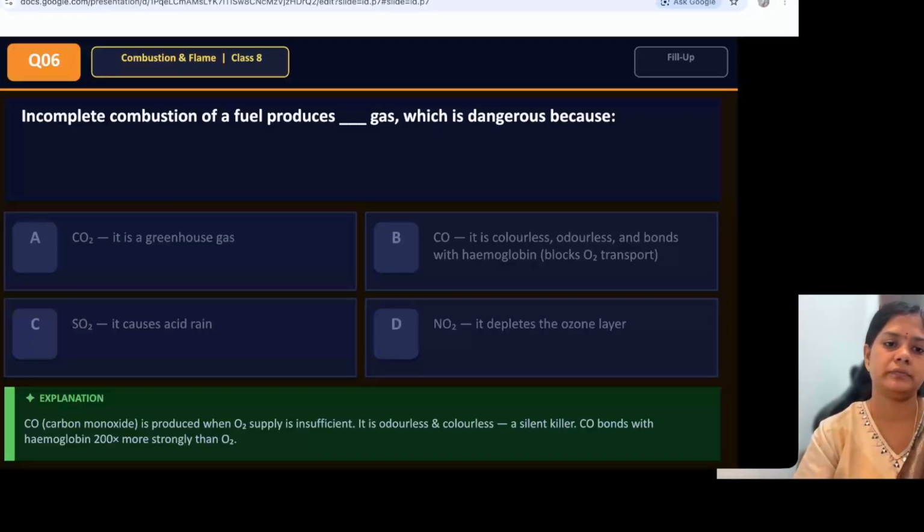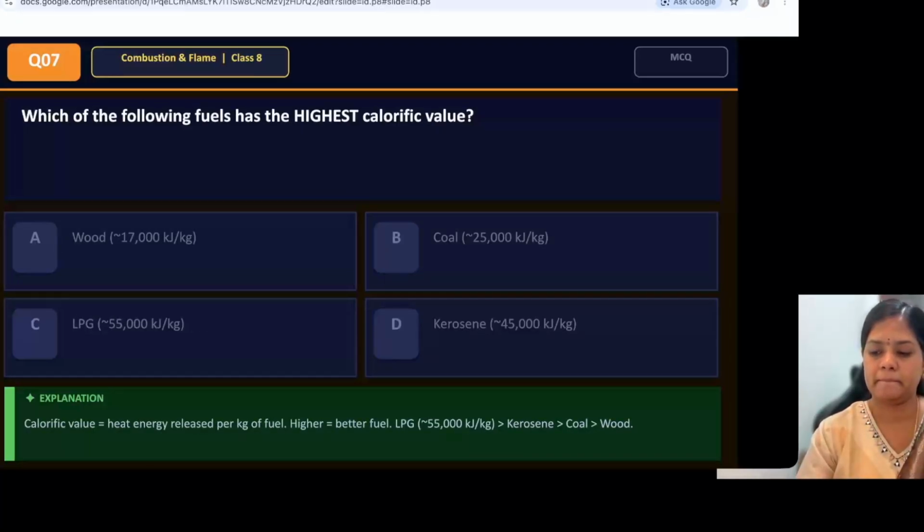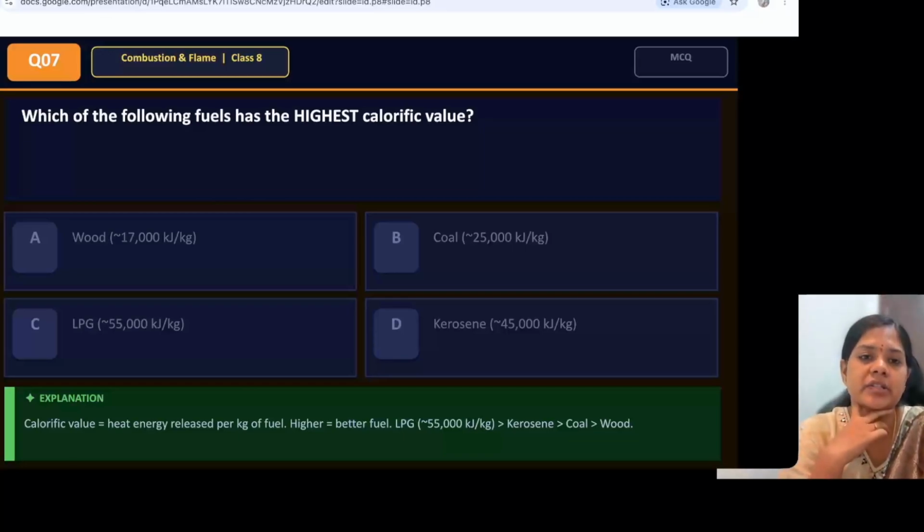Next, which of these fuels has the highest calorific value? Look at the options. Yes, it is LPG. Calorific value is nothing but the heat energy released per kg of a fuel.